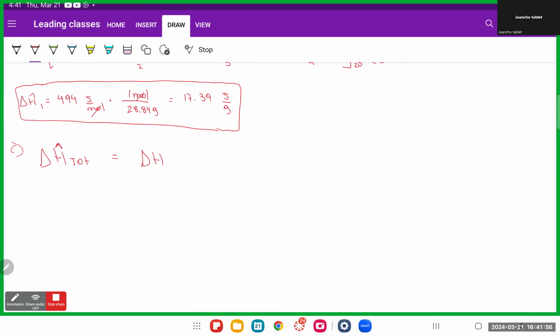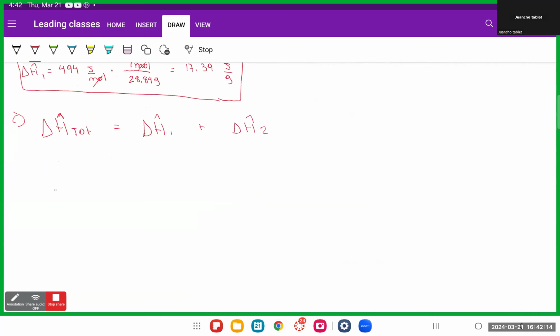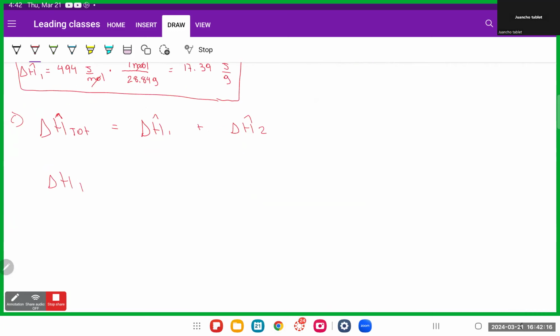So for a specific enthalpy, the total specific enthalpy is going to be equal to the change in specific enthalpy in the first path plus the change of specific enthalpy in the second path. If we multiply each of those by its specific mass, we can get the total enthalpy, which is what we're trying to calculate. So multiply this by total mass.